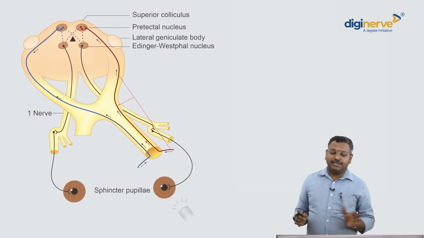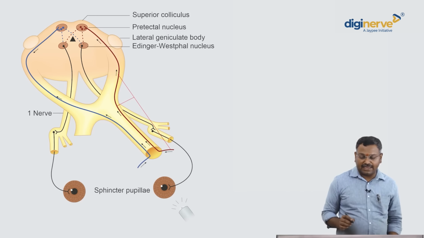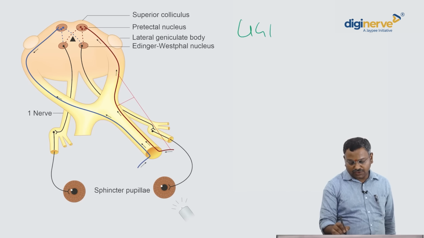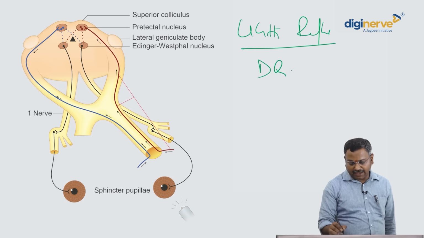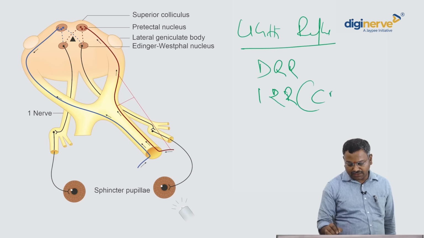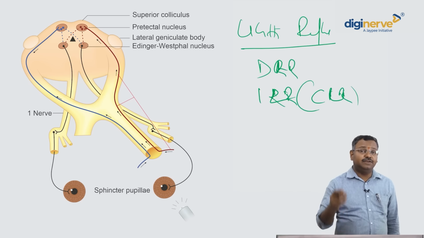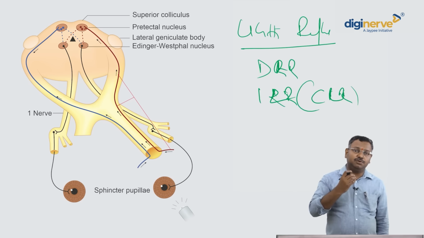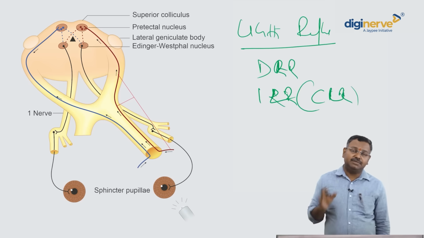The other two important things that you have to remember are the light reflex and the accommodation reflex. So light reflex, you have the direct light reflex and the indirect light reflex or the consensual light reflex that you see. You shine the light from one side, you expect constriction of the pupil on the same side, that's the direct reflex. On the other side also it happens as consensual.